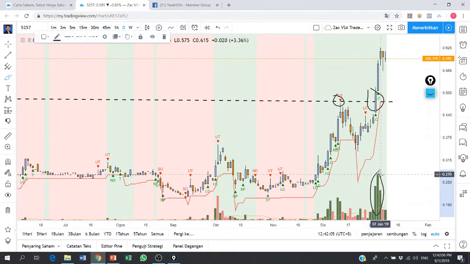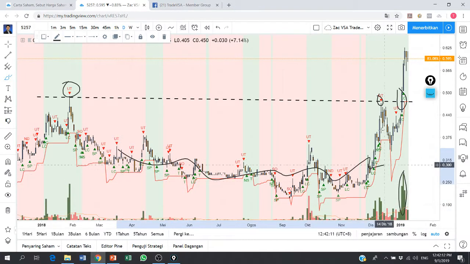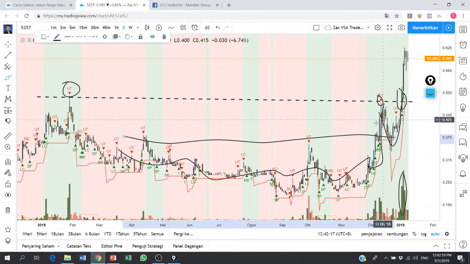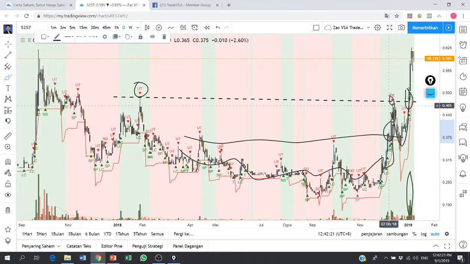So this is what I mean, that is why it's very important for you to do your background check, accumulation. This is in fact the first breakout. If you miss it, this is the second one, which is nicer. It breaks up above these 2 upthrusts over here.